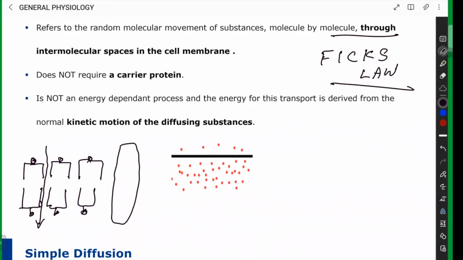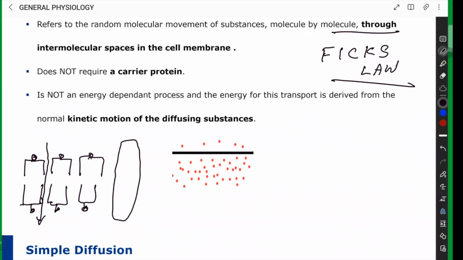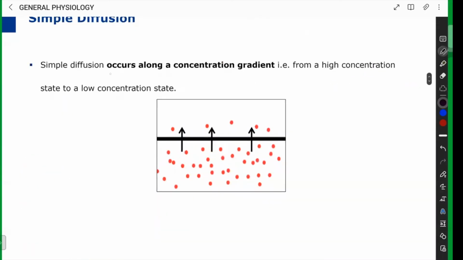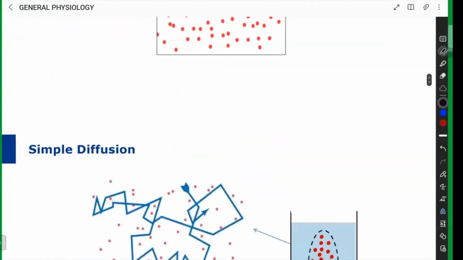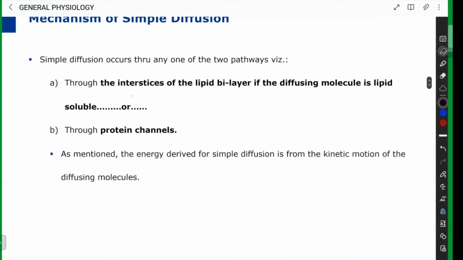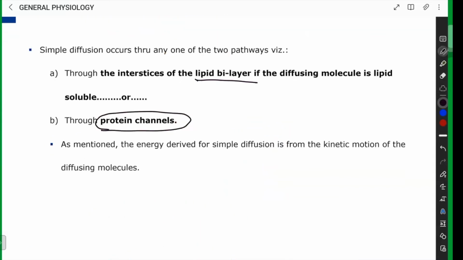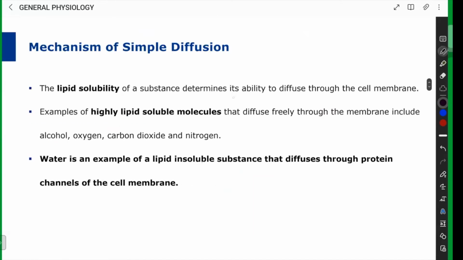For example, the diffusion in your lung is a simple diffusion. Your diffusion is going to be along the concentration gradient. Underline this. Simple diffusion is going to occur either through the lipid bilayer or through the protein channels. The lipid solubility of a substance determines its ability to diffuse through the cell membrane.